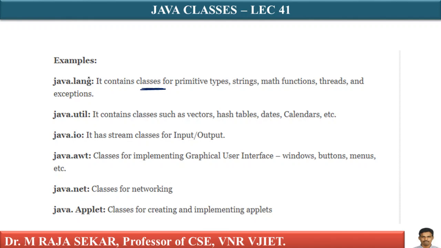In this package, you have classes for primitive types and strings. You can find the String class in this lang package. You can find math functions, thread related classes, and exceptions. What are exceptions? What are threads? I will discuss in my next lectures.